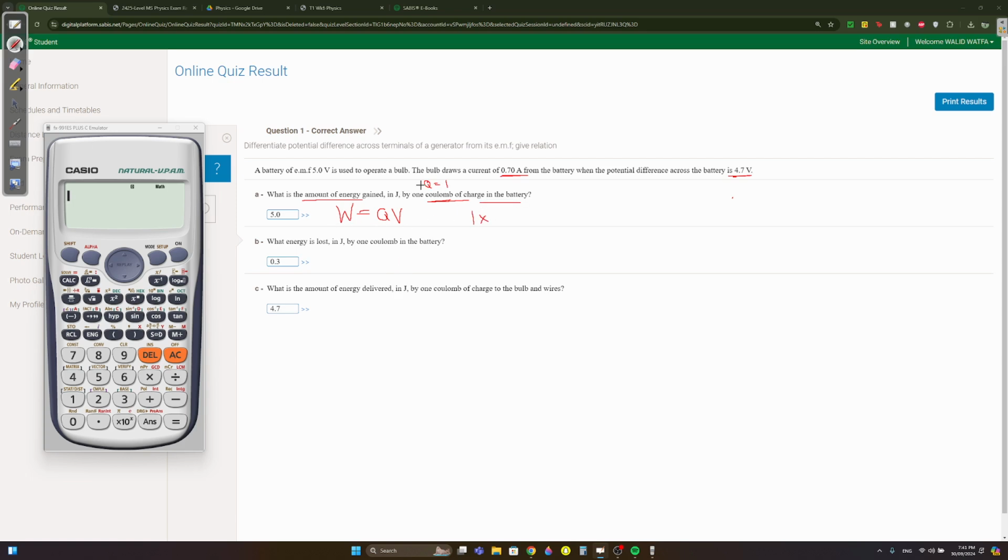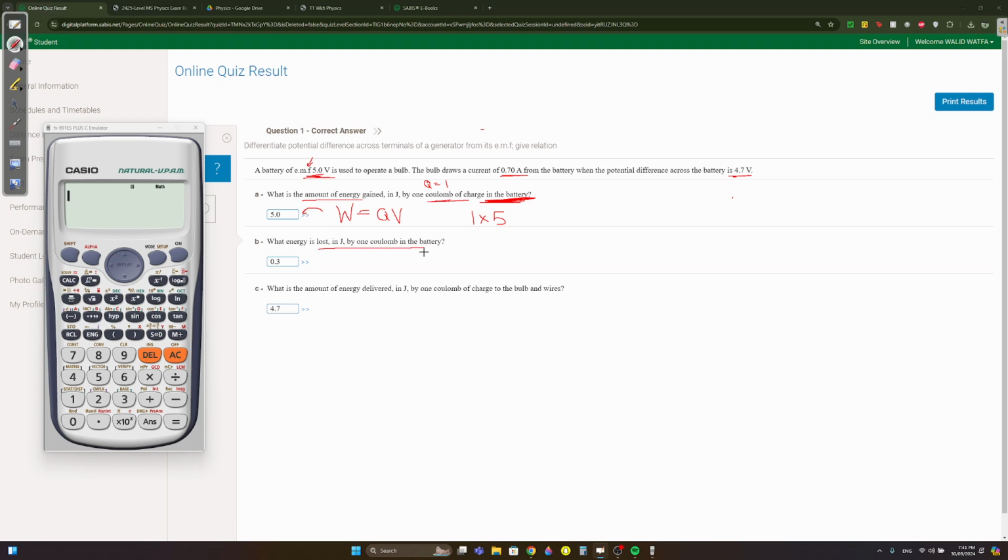They're saying in the battery. In the battery, it's always the EMF. The total, right? In the battery, whatever is inside here, this is the total voltage. You might find your final voltage to be a bit less, but we don't care about that. We care about what's happening inside the battery. They said in the battery, it's 5. So you can do 1 times 5, you get 5.